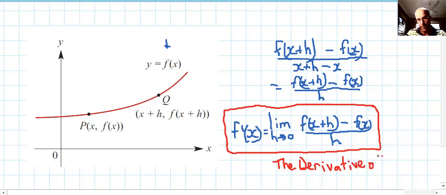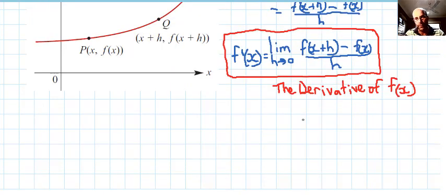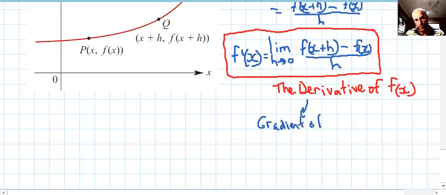It's the derivative of the general function f of x. Okay, so that's an important one. And I said just before we could call it the gradient function. So it's basically, it gives you the gradient of the tangent at any point.